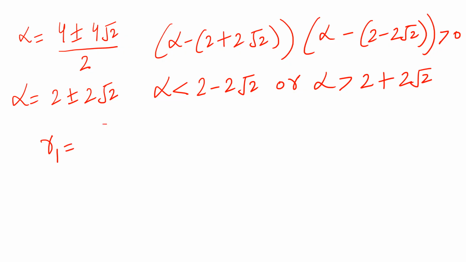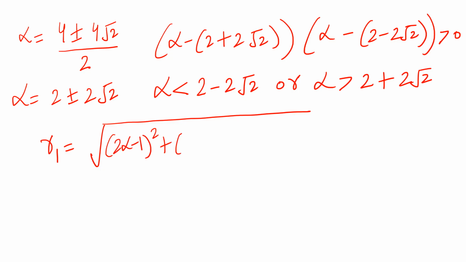It becomes square root of (2 alpha minus 1) whole square plus (2 alpha minus 3) whole square minus (8 alpha square minus 16 alpha minus 54).